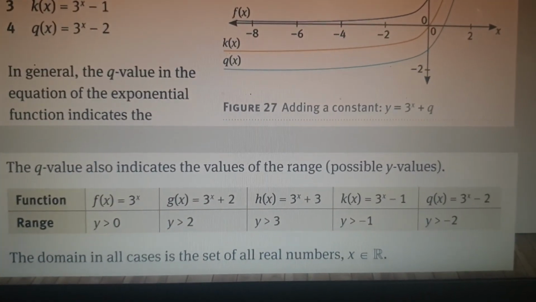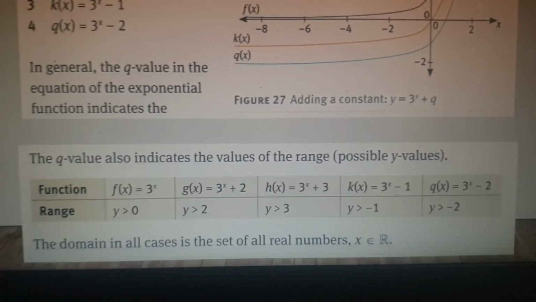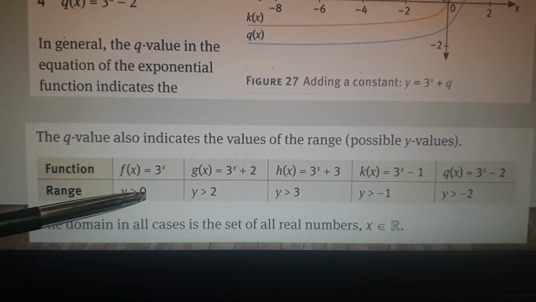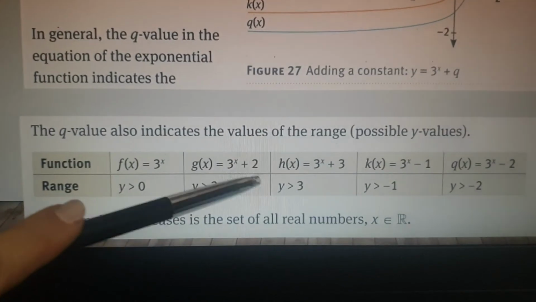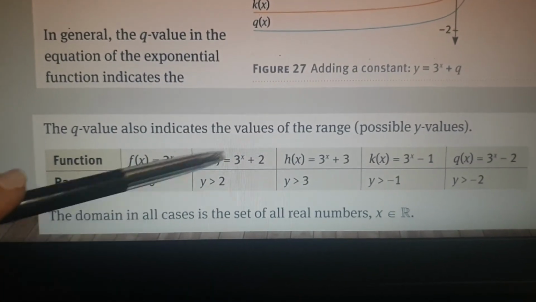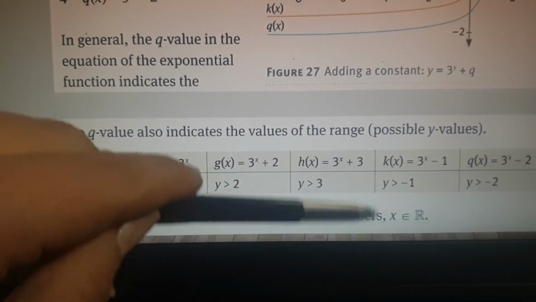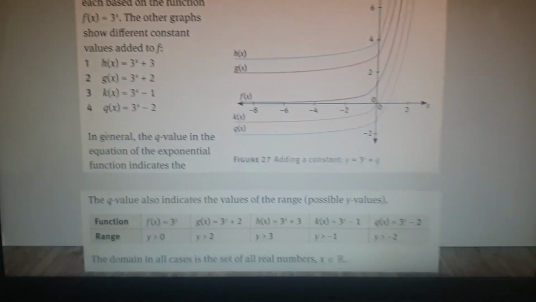So when we look at the range, if there is no q, it just means y is going to be bigger than 0. When there's a q value, it means y is going to be bigger than the q value. So y bigger than 2, y bigger than 3, y bigger than minus 1, y bigger than minus 2. And that is it.